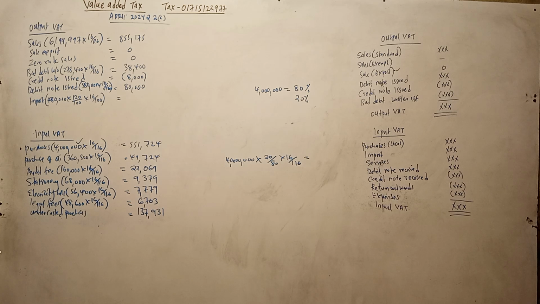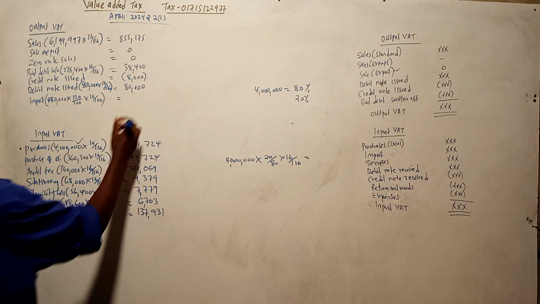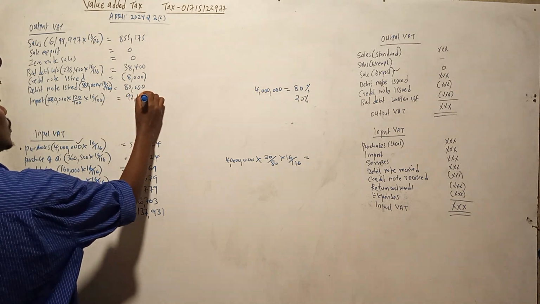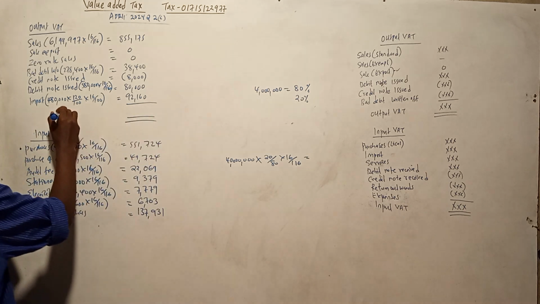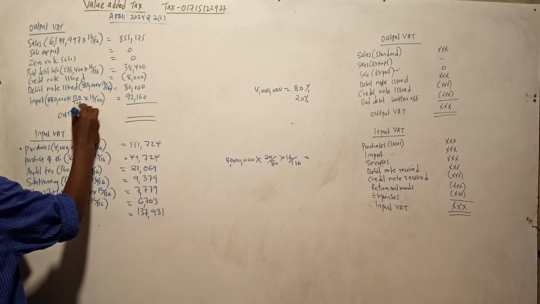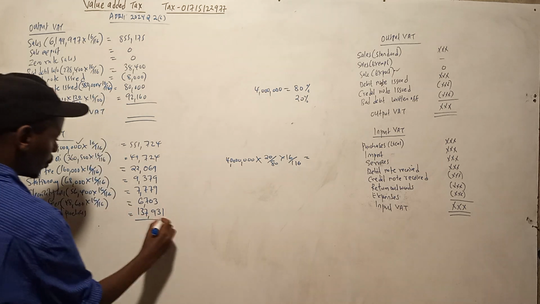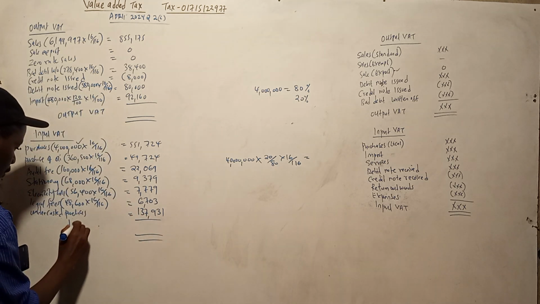Unachukua times the import duty times the VAT. So you add it together, utapata output VAT. Then you add together, utapata input VAT.